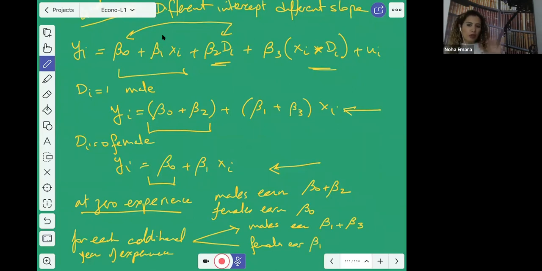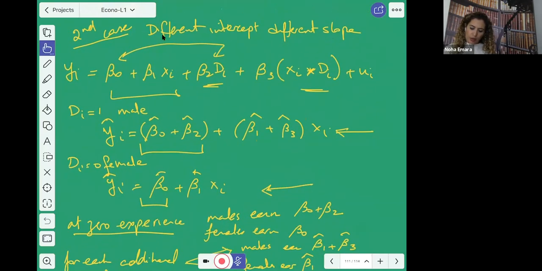Assuming that all these coefficients are positive, and assuming I need to have the hats everywhere, since this is the estimated model. So that means at zero experience, males and females earn differently, but also for each additional year of experience, the slope is different. So this model is a case in which I have different intercept and different slope.